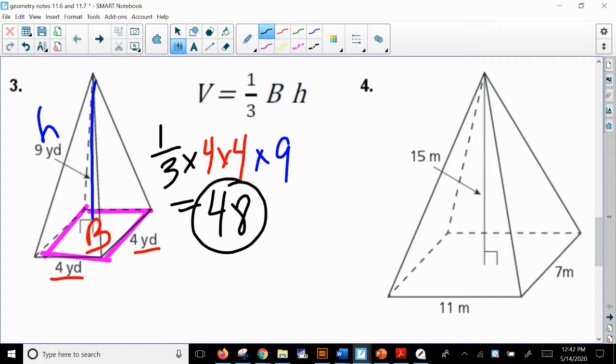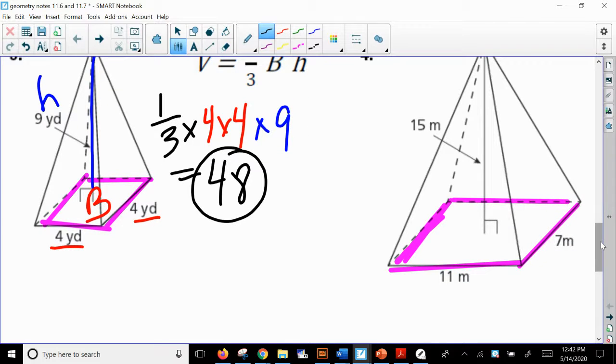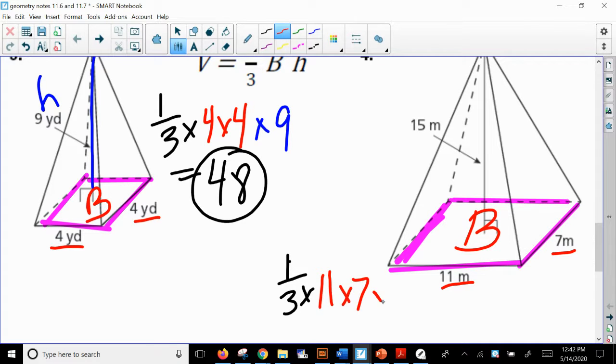Okay. Number 4, here's my base. Once again, it is a pyramid because it comes to a point at the top. So I'm using my pyramid formula. I start off with 1/3 times the area of the base, which is 11 times 7.